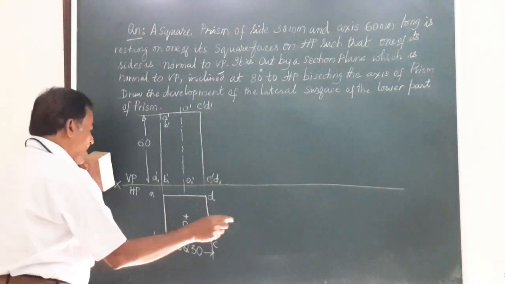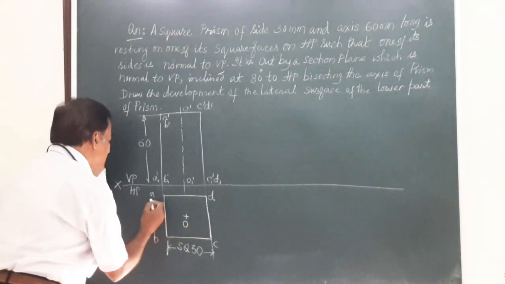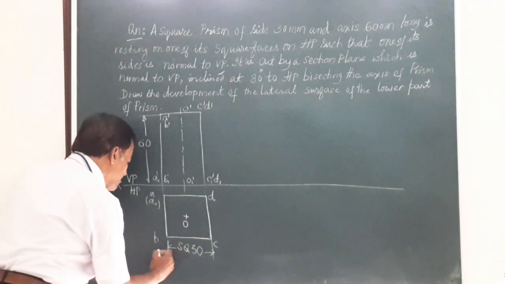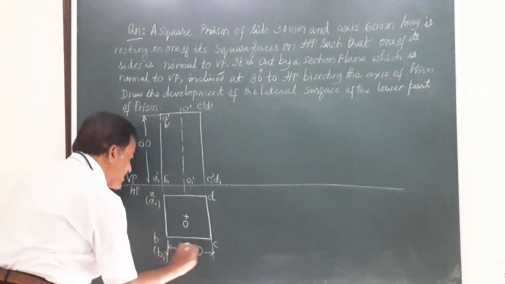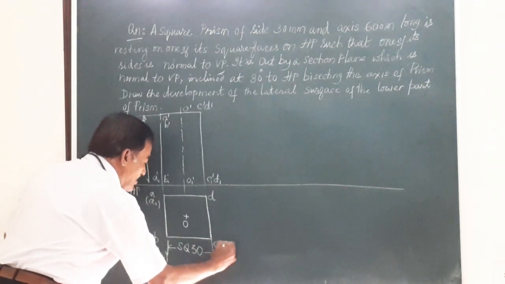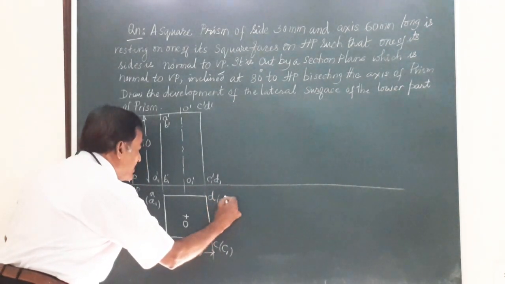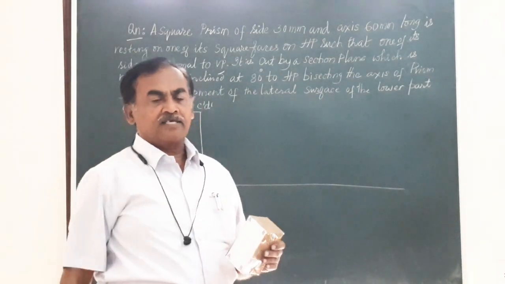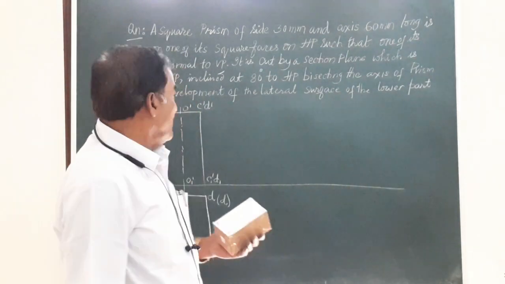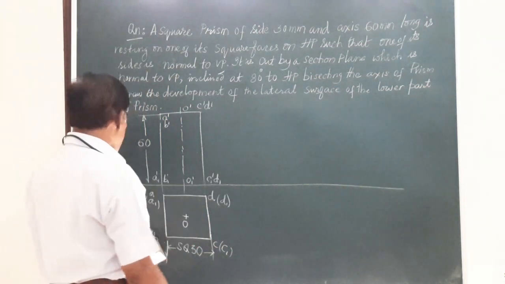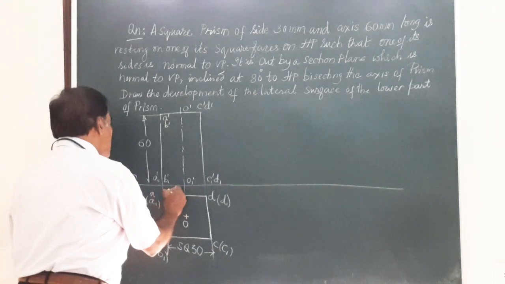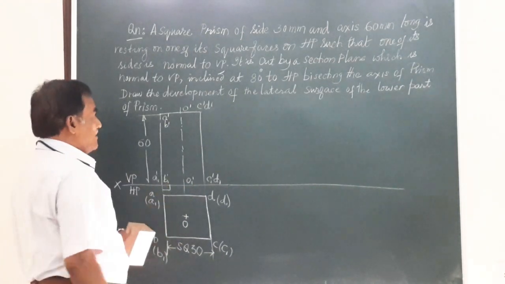Finally, for the bottom corners of the bottom face, we have A, that is A1, under this B we have B1, C, C1, and for this D we have D1. So friends, I have completed the projections of the solid where one of the shorter edges AB or A1, B1 of the bottom face is normal to VP.